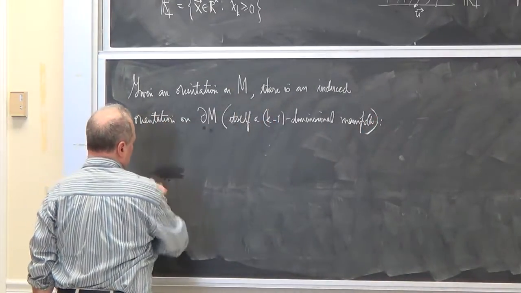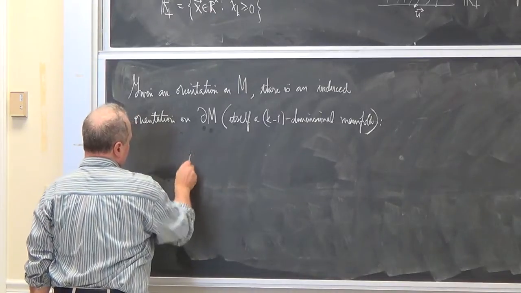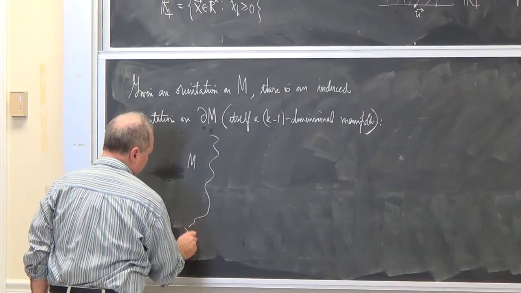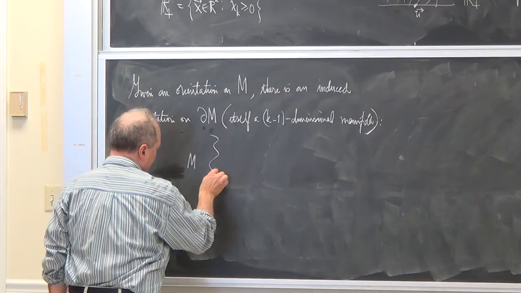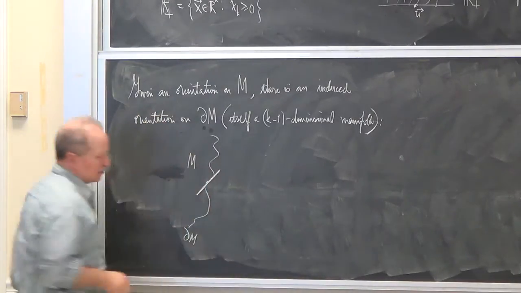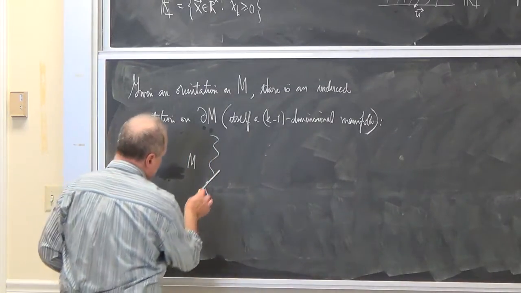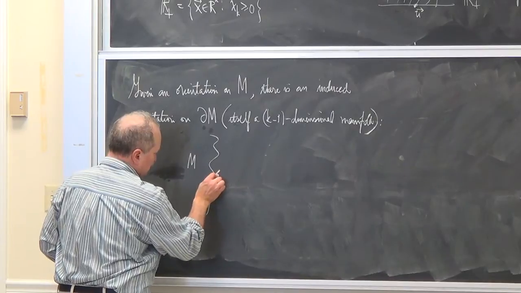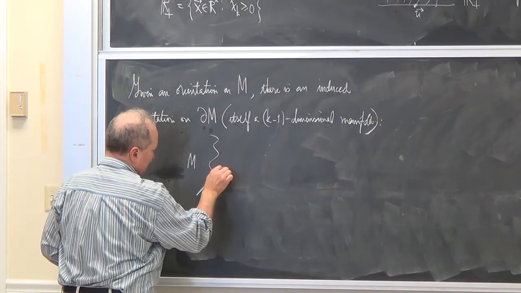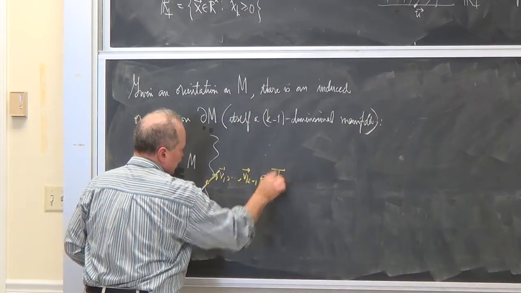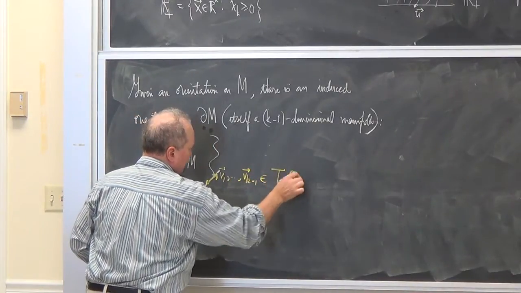So here's the picture. Here's M. And here's the boundary of M. At each boundary point, you say, okay, I'm going to take a basis for the tangent space of the boundary. I'll have k-1 vectors in the tangent space of the boundary.